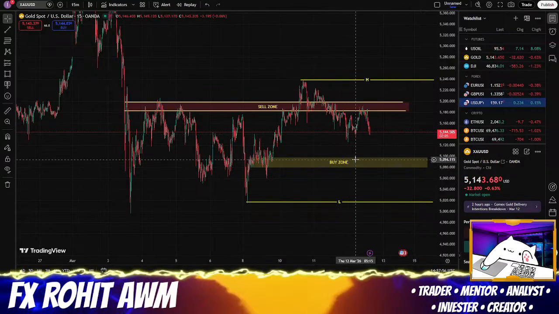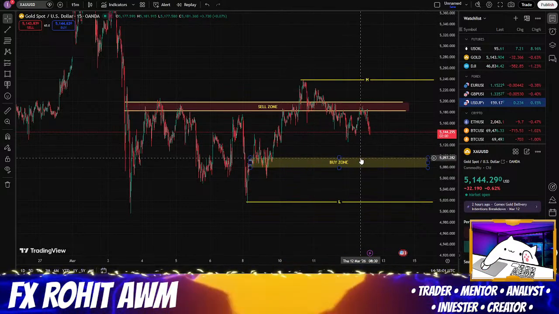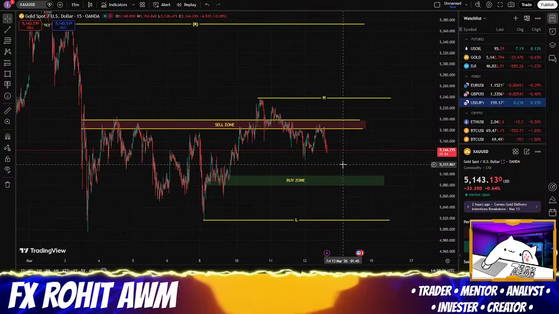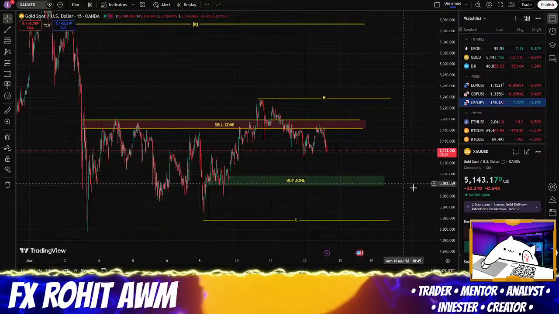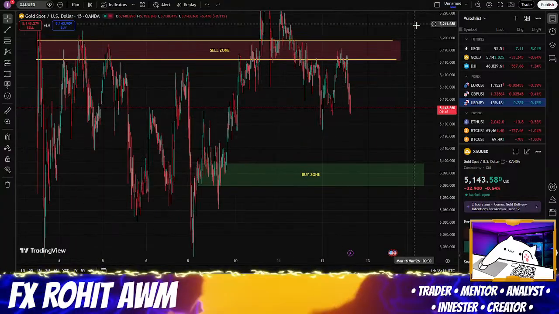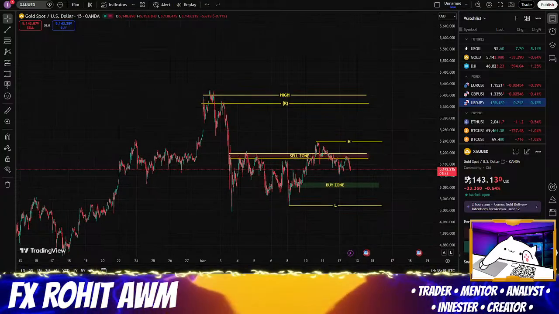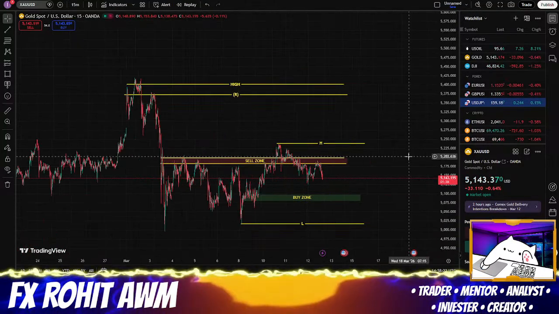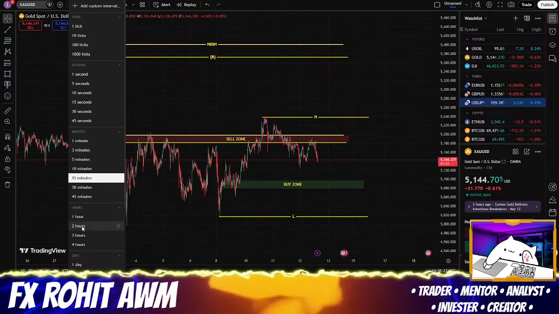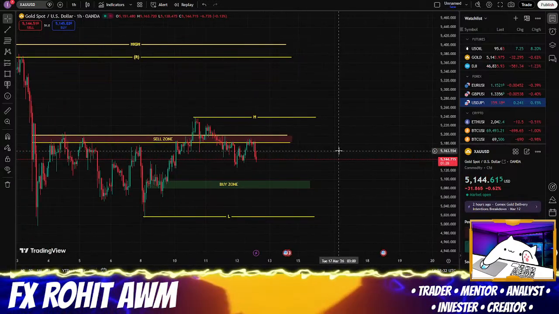Okay. So the market is a buy. So this is our major. First of all, I go for the 1 hour time frame for the better candle pattern.